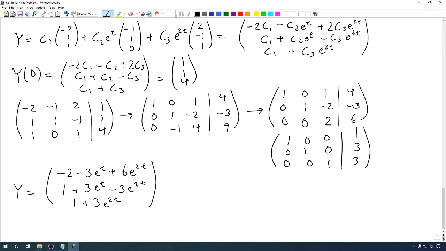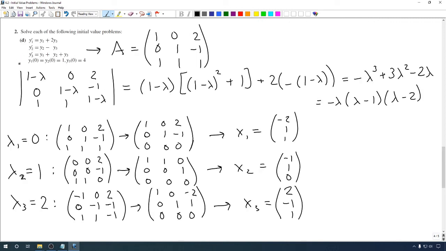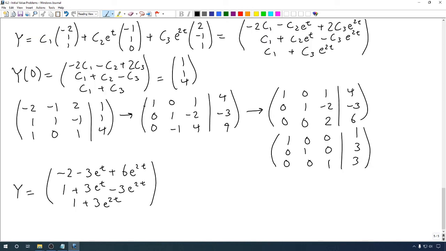Those are my y1, y2, and y3 that satisfy my system of differential equations, and also satisfy my initial condition. So, again, very similar process.